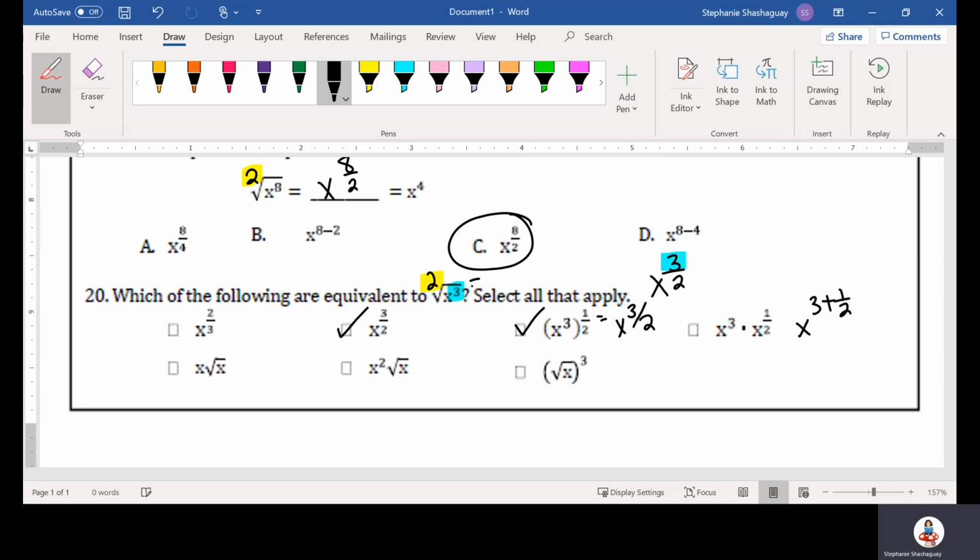We could also write this as x times the square root of x. So this is equivalent. And this is also equivalent because this is 2, and this would be equal to the square root of x cubed. So whether that is outside of the parentheses or underneath the radical, it is the same.